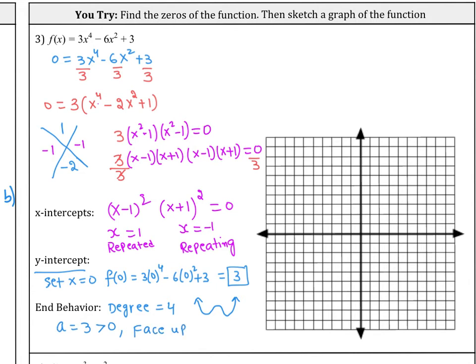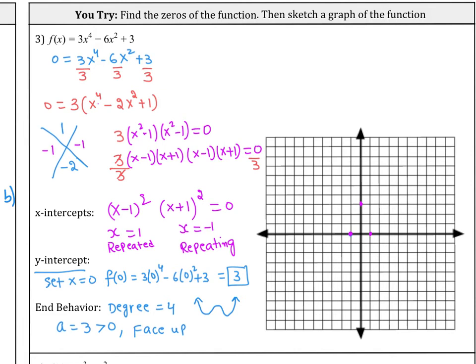Now we are going to graph. So we already know that our repeating roots are -1 and +1. So it's going to be -1, +1. And our y-intercept is 3. It's facing up and it's not going to cross at -1 or +1.